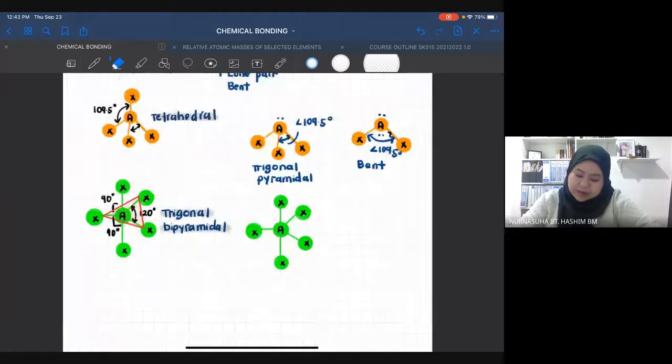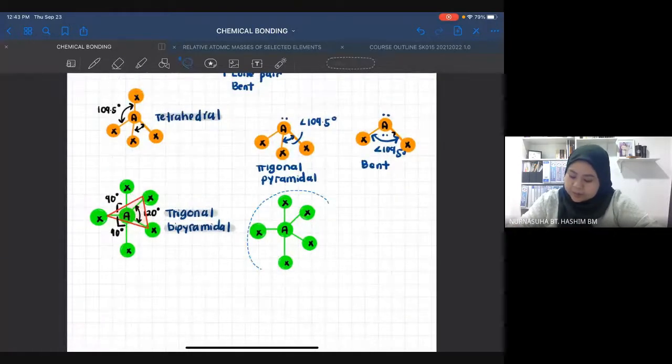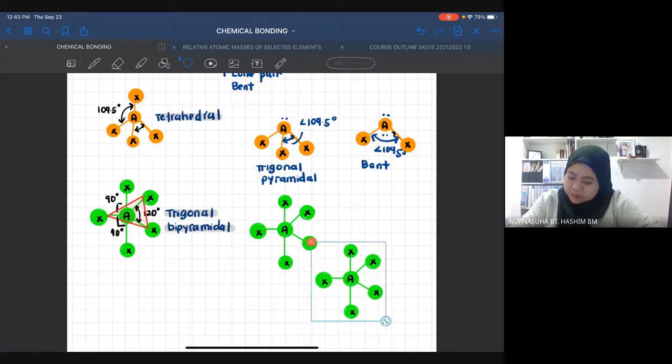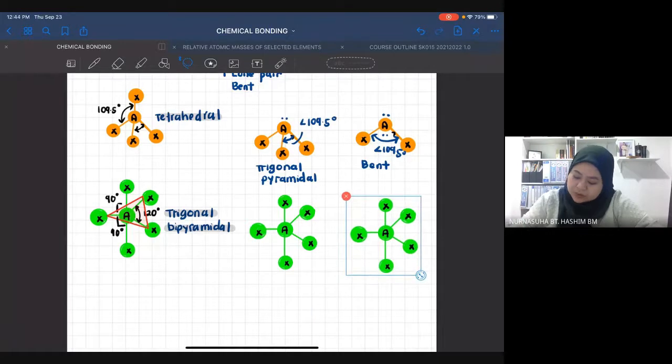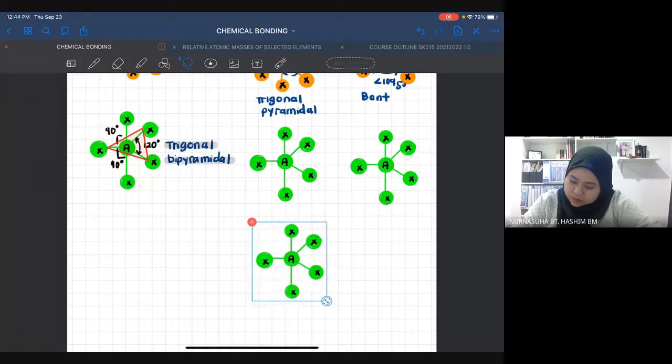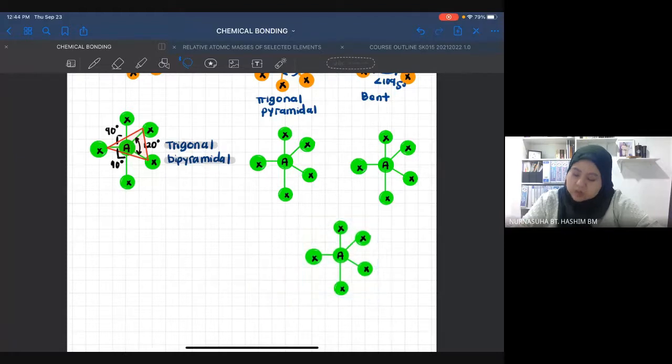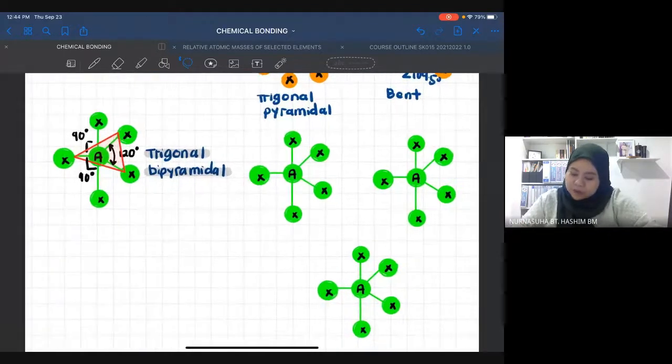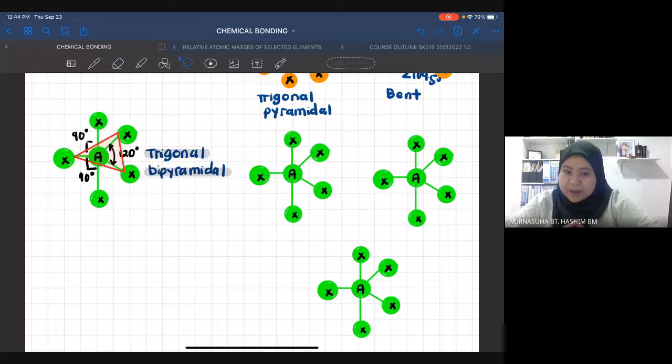Okay, this is Trigonal Bipyramidal. Okay, what if I have one lone pair?